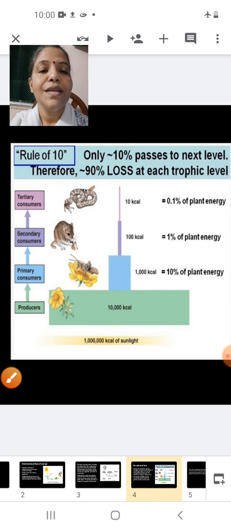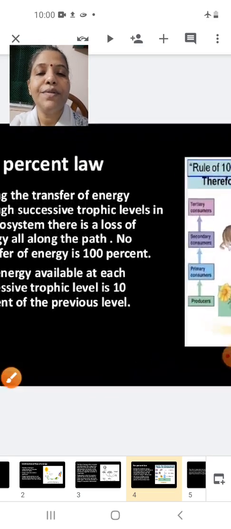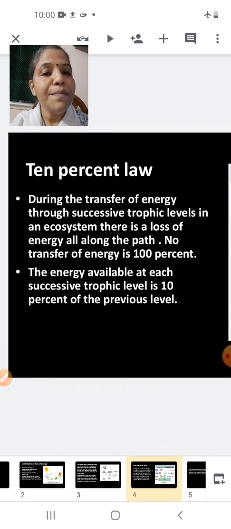Okay. Now let's read this part. During the transfer of energy to the successive trophic levels in an ecosystem, there is loss of energy all along the path. No transfer of energy is 100%. The energy available at each trophic level is 10% of the previous level.